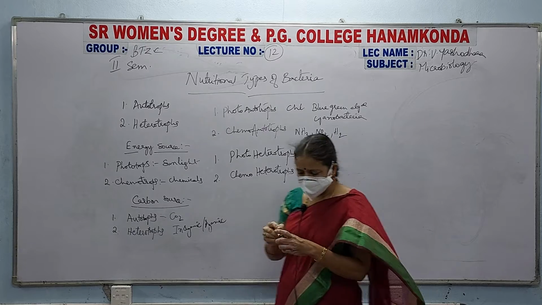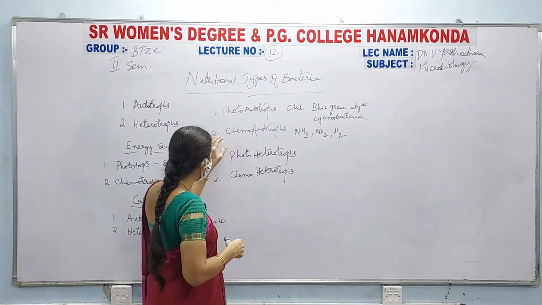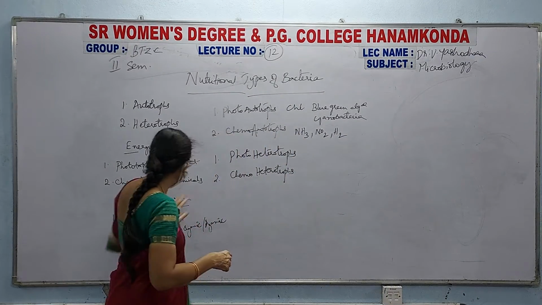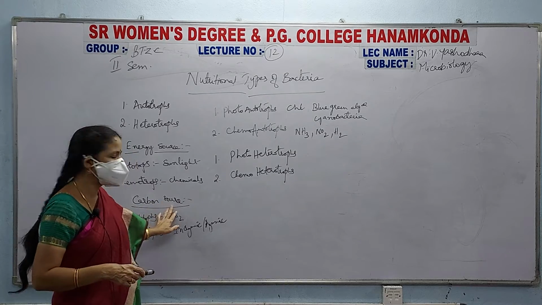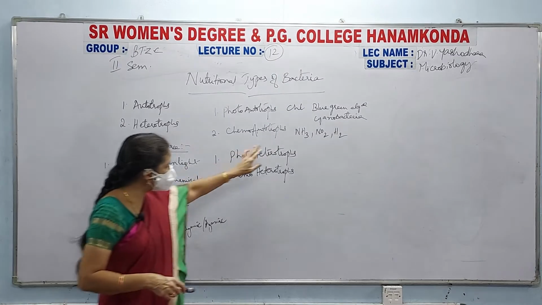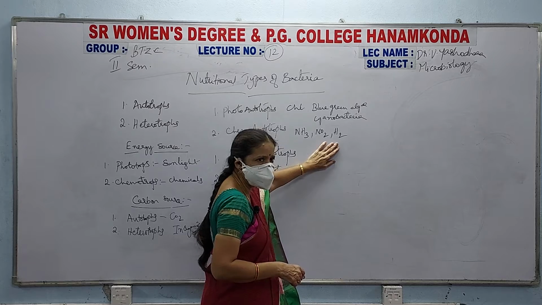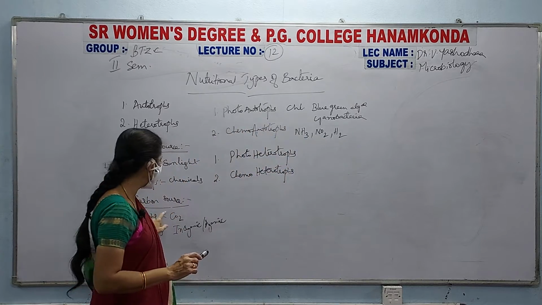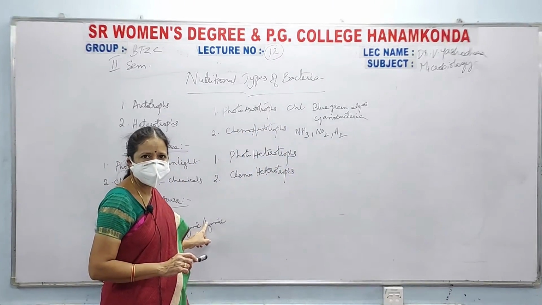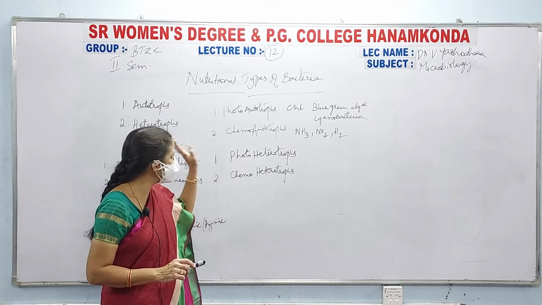By oxidizing these substances, these organisms get carbon dioxide as the nutrient.